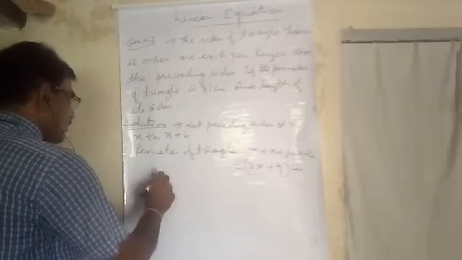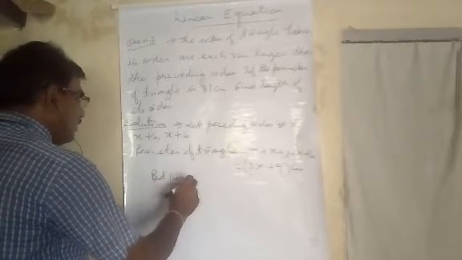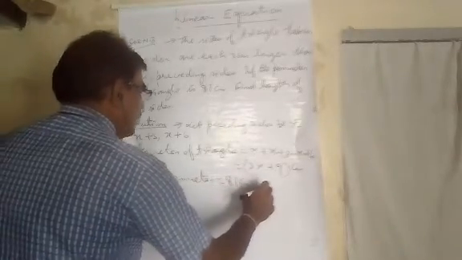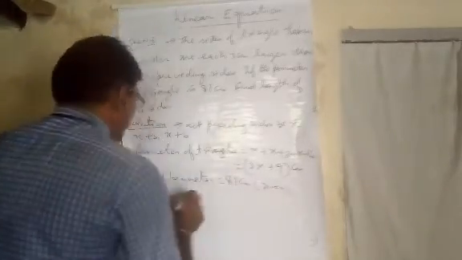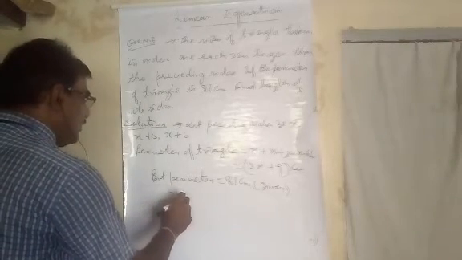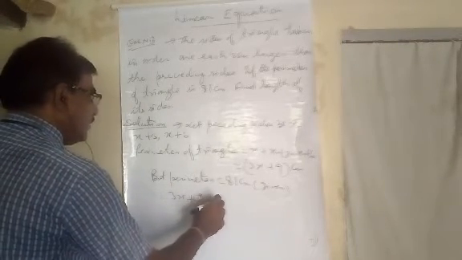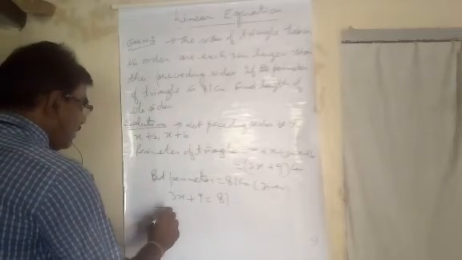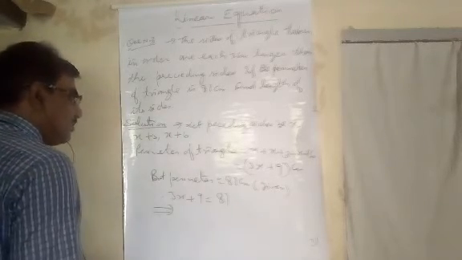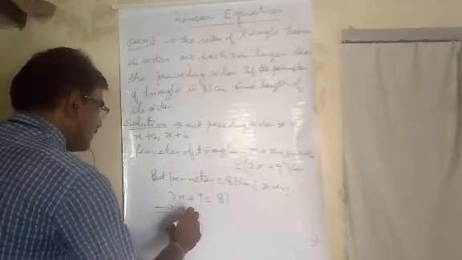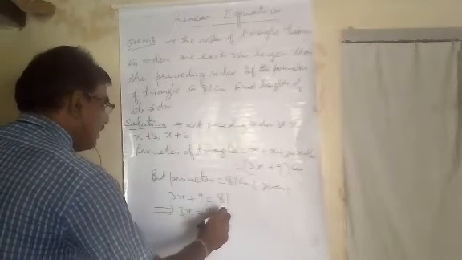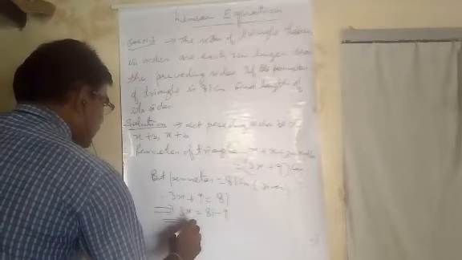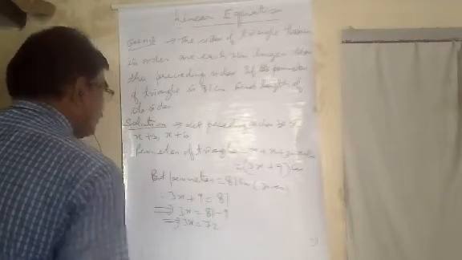Therefore, 3x plus 9 equal 81. Transpose plus 9 from left hand side to right hand side, 3x equal 81 minus 9. Then 3x equal 72.